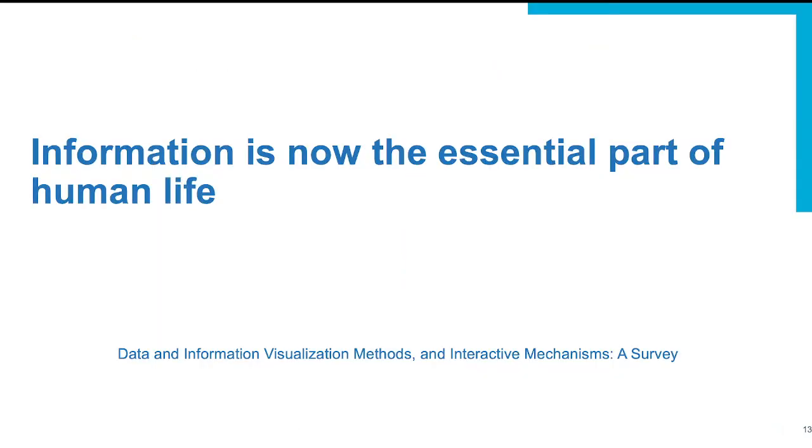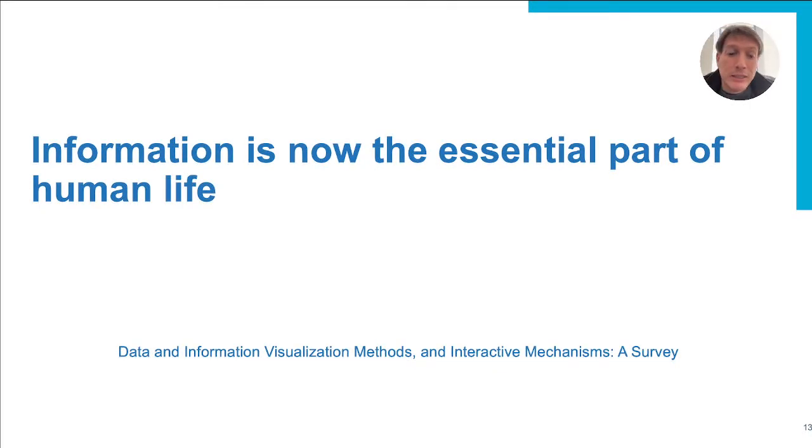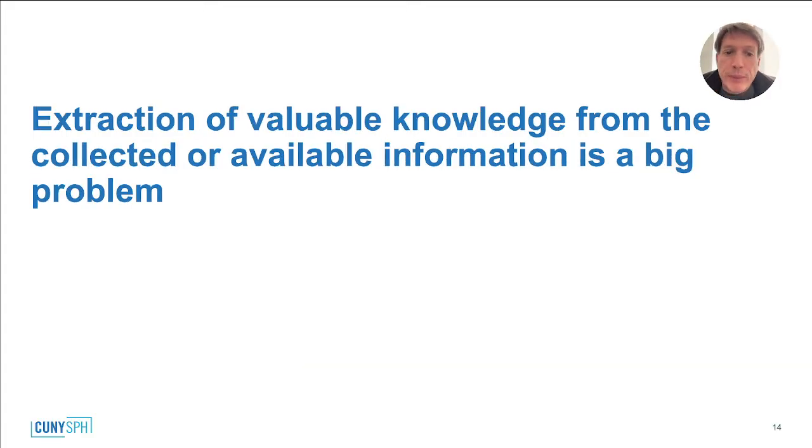But the important thing is that when we have that data, we need to understand that information is an essential part of human life. You have this article that you can visit in the week materials, that is going to tell us about different methods and interactive mechanisms in order to create information visualization.